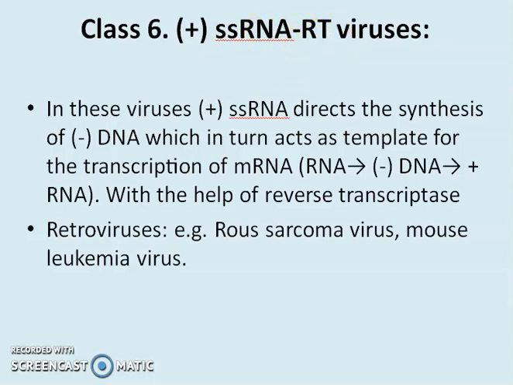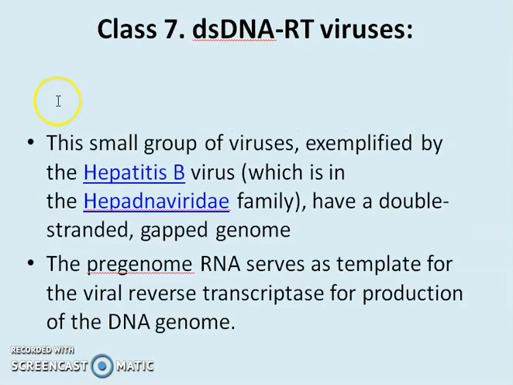Now we will move to the seventh class, or the last class, of the Baltimore classification system, which is also special, which has double-stranded DNA with reverse transcription activity. They also carry the reverse transcriptase enzyme, and you may wonder why these viruses use reverse transcriptase enzyme.